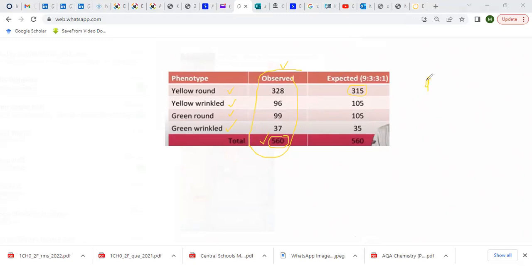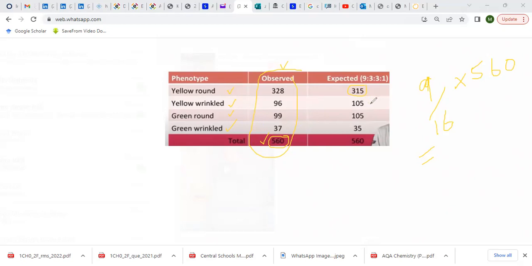It should be 9 upon what? 16, multiplied by 560. Can you do this calculation for me? Yeah, that gives 315. You got my point now.